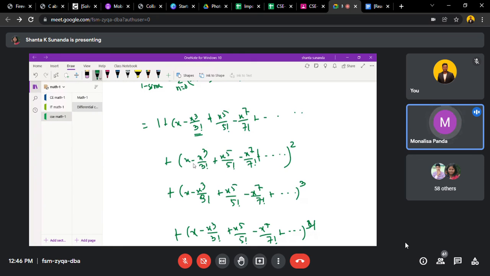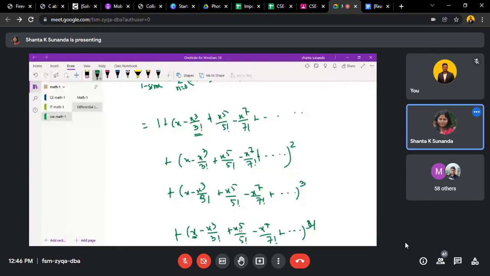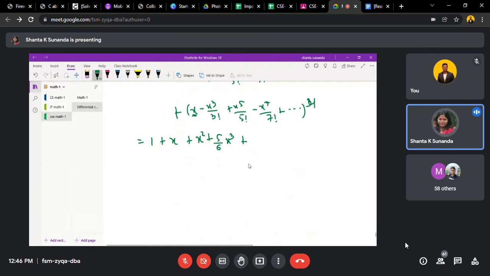See, first term, 2 by 3 x power 4. Only the first term we are looking at. Okay. So we have 5 terms of the Maclaurin series.